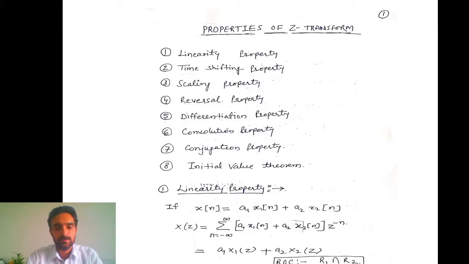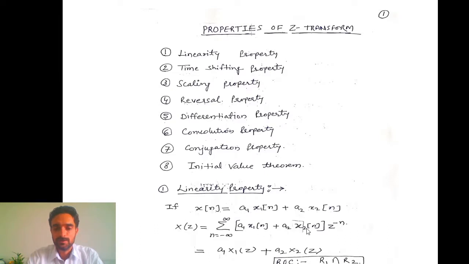Linearity property means if we are taking a combination of two discrete time signals x1(n) and x2(n), the signal x(n) is equal to a1 x1(n) plus a2 x2(n). x1(n) and x2(n) are input signals.